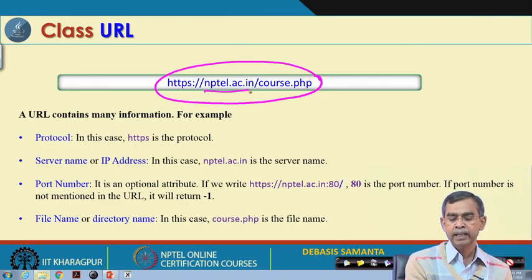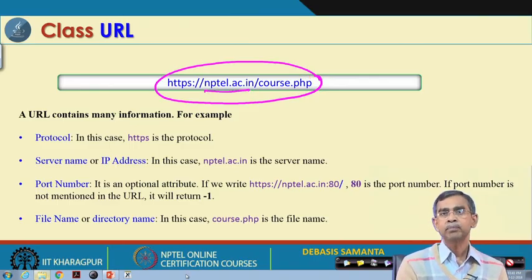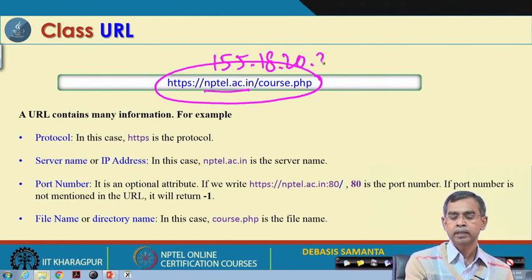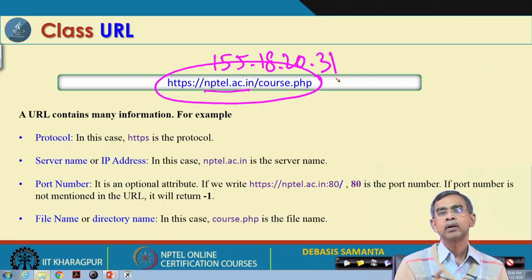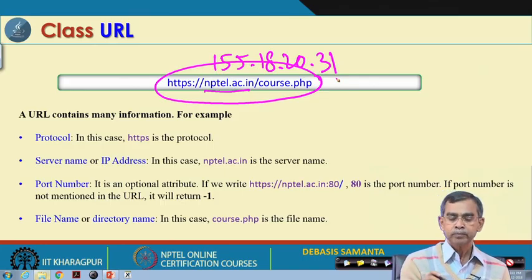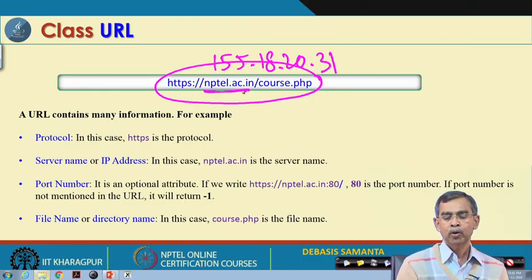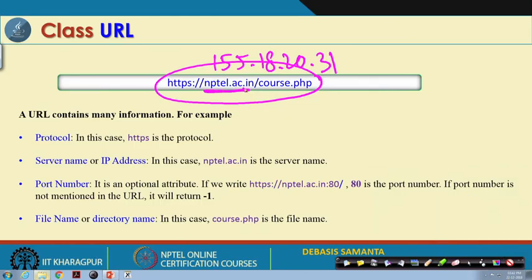Instead of the name, the server can also be uniquely identified by an IP address, say 155.18.20.31. So, that is a logical address, hidden there. There may be one machine, a proxy, that has the mapping: if this is the domain name or the server name, then this is the corresponding IP address.